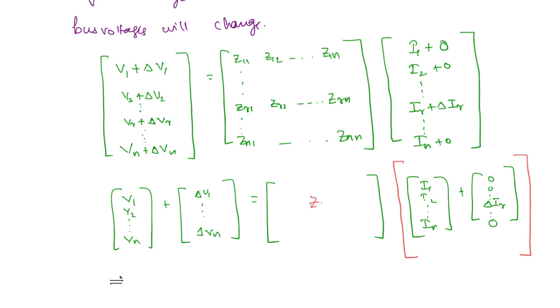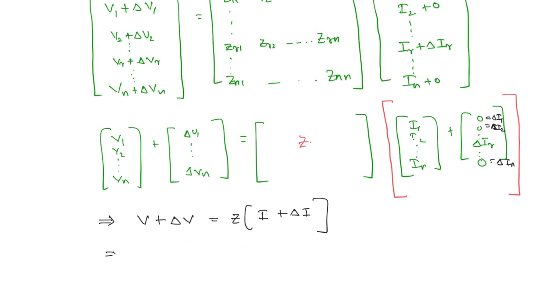Now this in matrix form is going to be V plus delta V. This is the voltage matrix and this is the change in voltage matrix. This will be equal to Z, the impedance matrix, into I plus delta I, because each of the other changes is equal to 0. So you can take this as I plus delta I. Then what you are going to get?